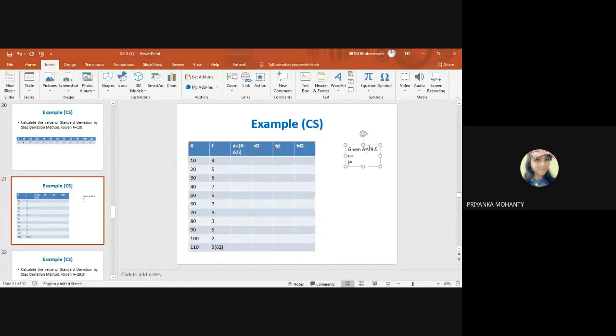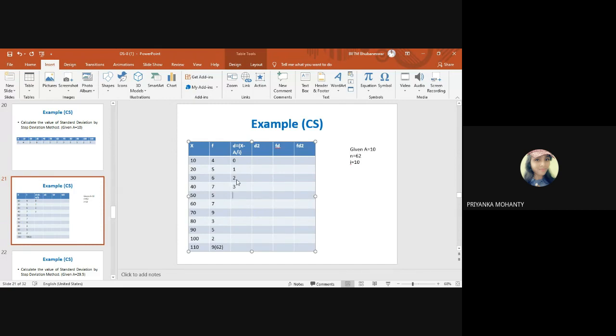Then correct, the assumed mean is given as 10. What is the common factor here? The common factor is 10. The first one is 10 minus 10 divided by 10, which is 0. Next one, 20 minus 10 divided by 10, that equals 1. The next one is 2.